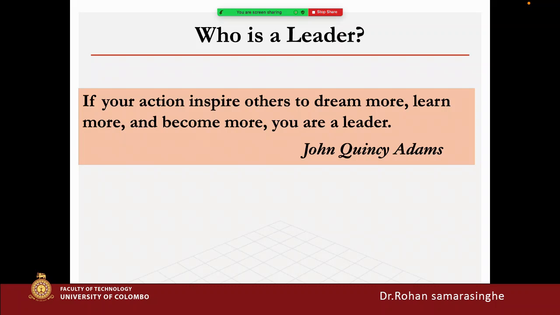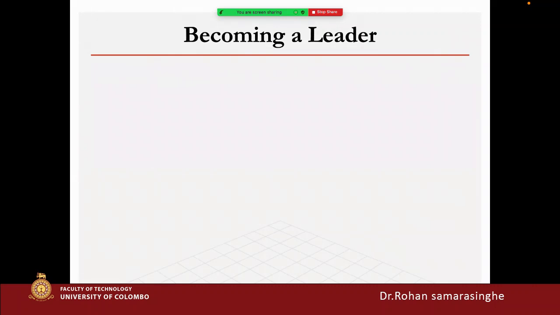That's why John Adams says that if your action inspires, if you do a certain action, others will be inspired to dream more, learn more and become more. You are a leader.